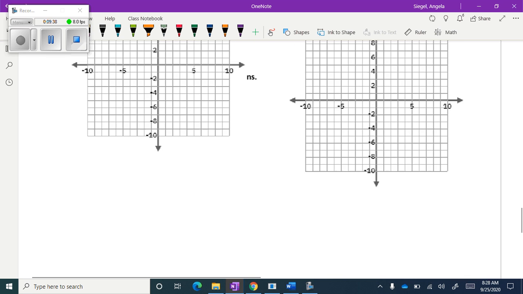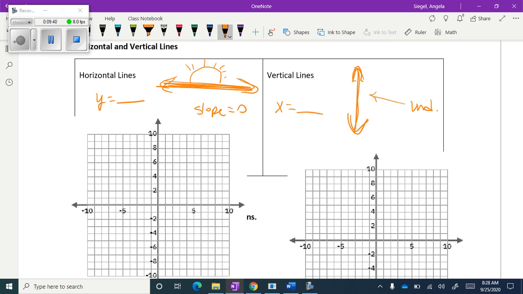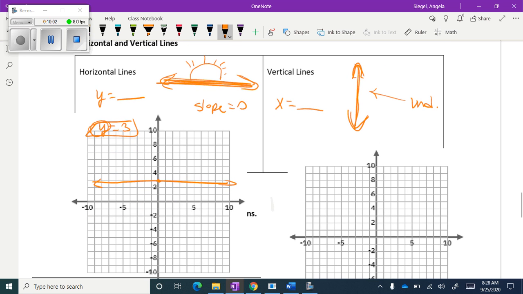So we have, I guess it's covering it up, y equals 3 was my example here. I'm just going to go up 3 on the y-axis and start there, because that gives me my guide. It is not going to be this way, because that would make it a vertical line. It's going to be this way to make it horizontal. Same thing with x.